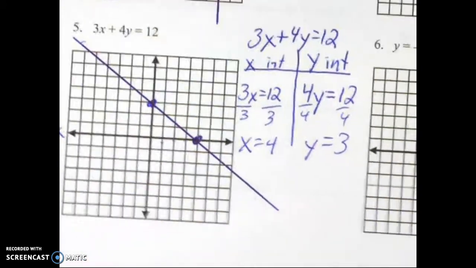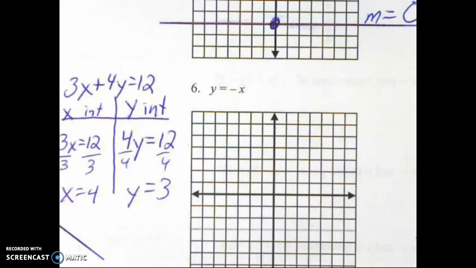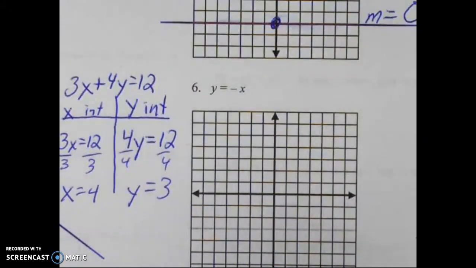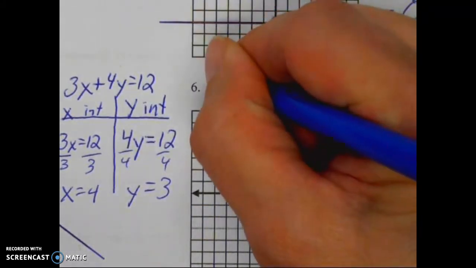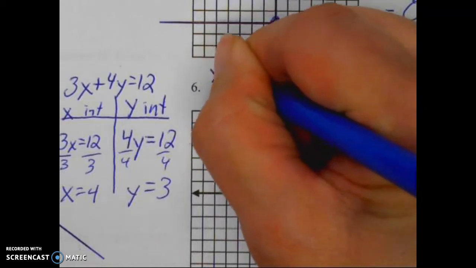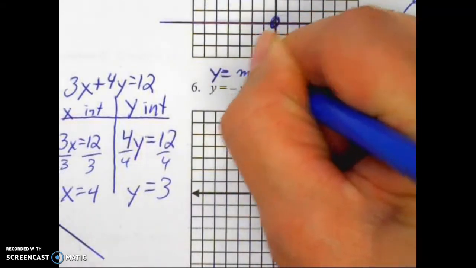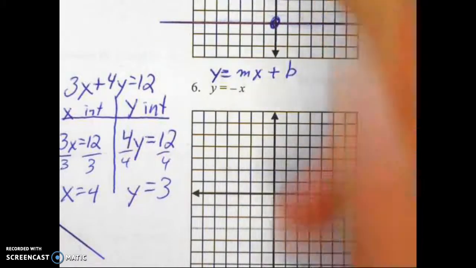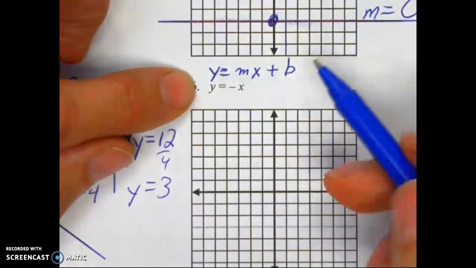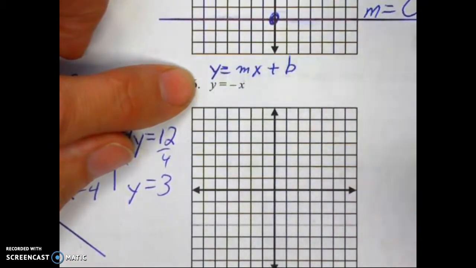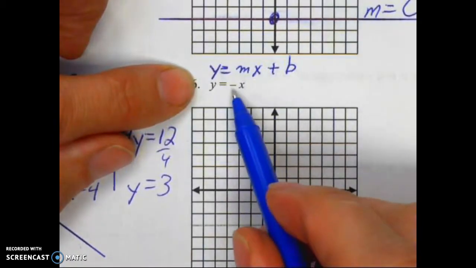All right, moving on to number 6. Now, number 6 looks kind of like 3 and 4, but it's a trick. Because watch me do this. Y equals mx plus b. Well, guess what? There is a number in front of the x. It's a negative sign. So I'm going to zoom in so you can see that. So I got a negative sign.